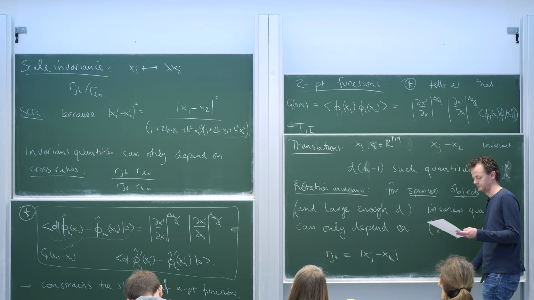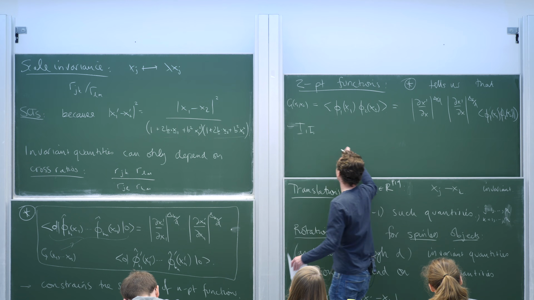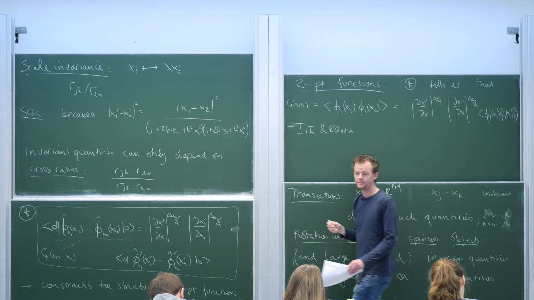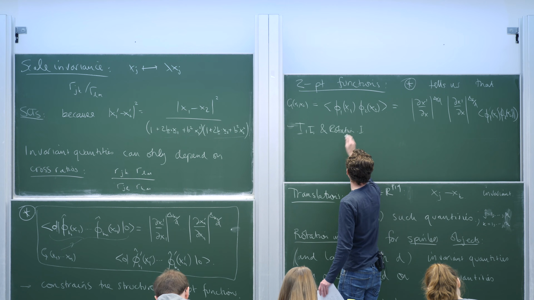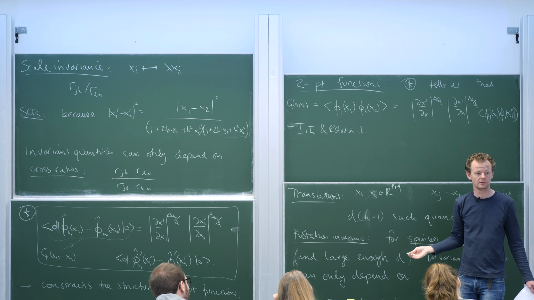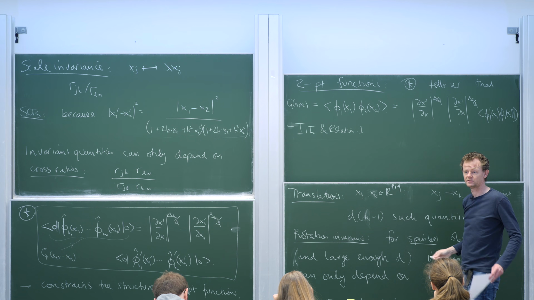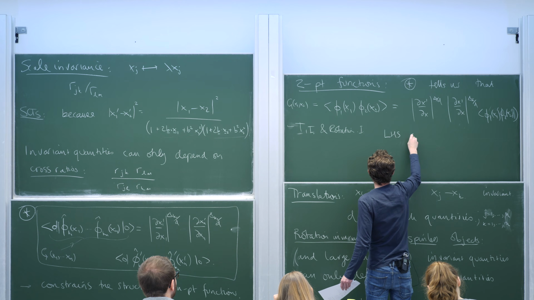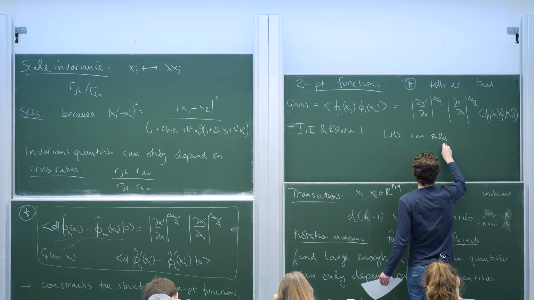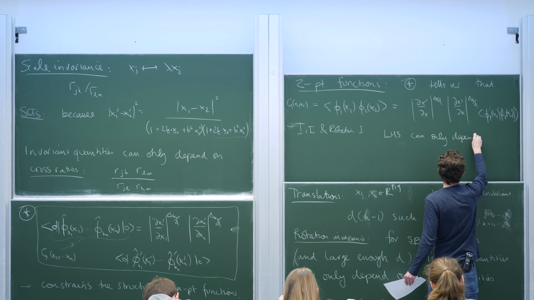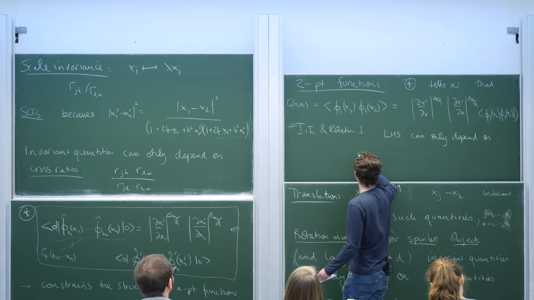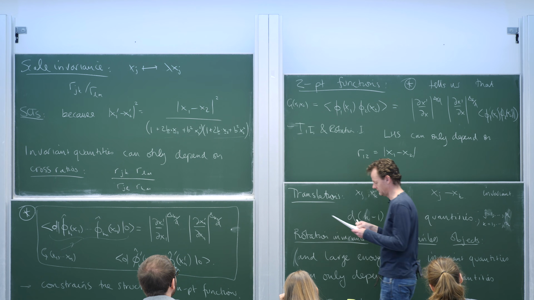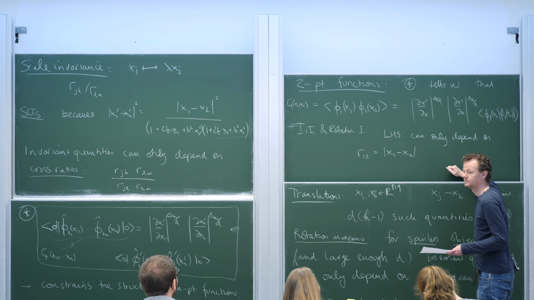And furthermore, we can use the fact that it's rotation invariant as well. The Jacobian of a rotation is also 1, so the left-hand side and the right-hand side are equal. And then you can see that the left-hand side can really only depend on the length of the difference.